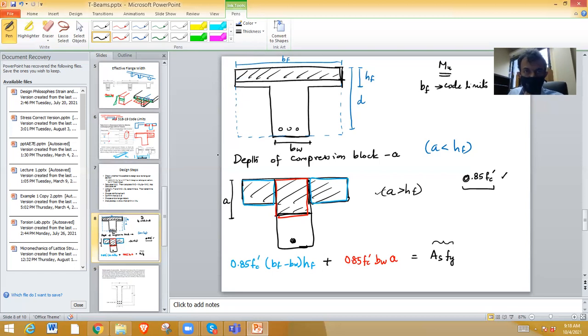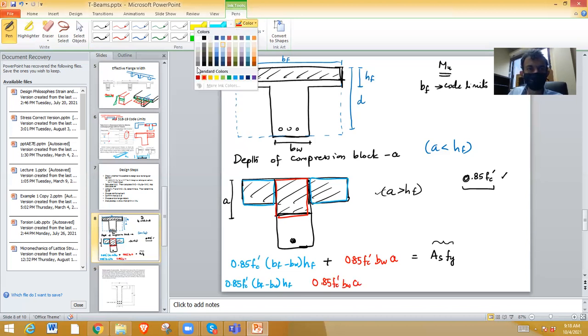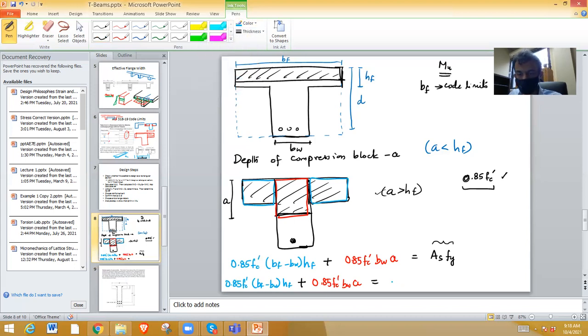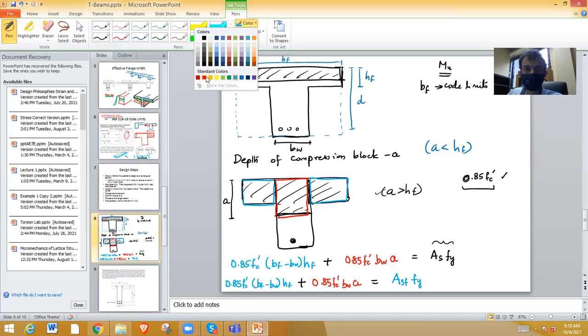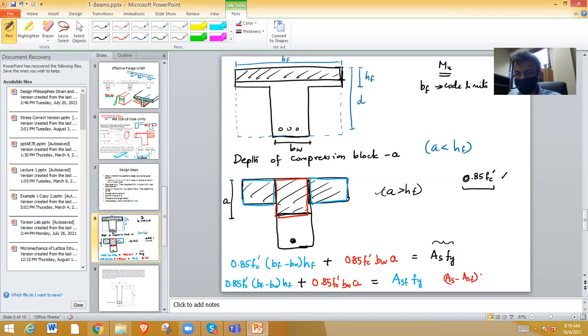So I'm writing the left-hand side exactly the same: 0.85 fc prime (BF minus BW) HF, and this part is also the same: 0.85 fc prime BW A. This right-hand side part I break up into ASF FY and (AS minus ASF) FY.